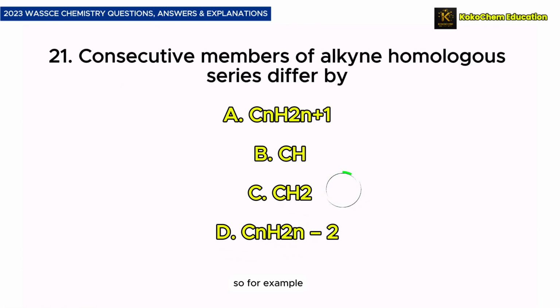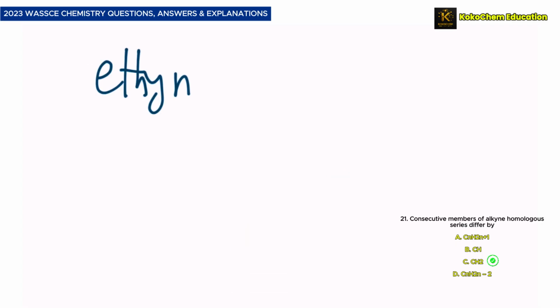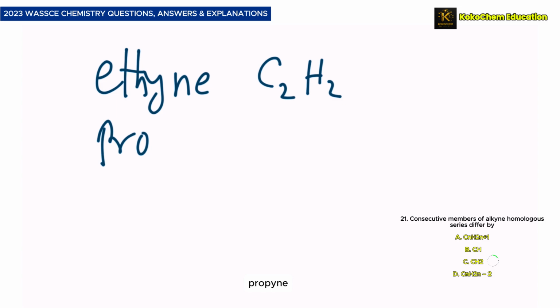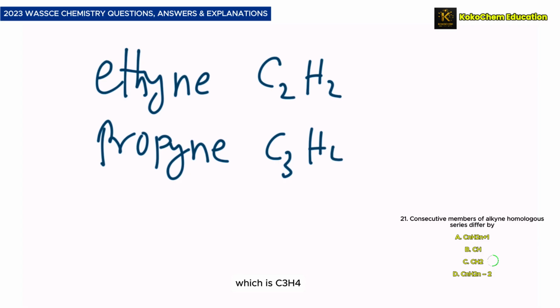So for example, ethyne, which is C2H2, propyne, which is C3H4.